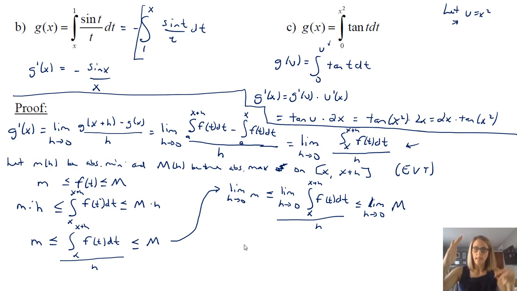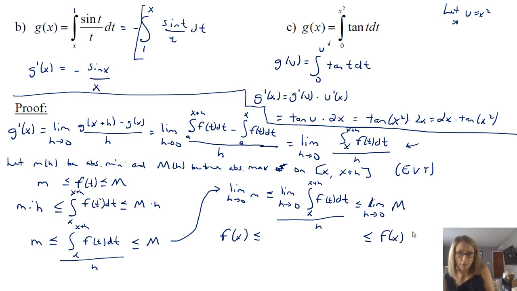That gives us that the limit on one side is f of x, and on the other side we also get f of x, because as h goes to 0 the absolute maximum and absolute minimum approach f of x.